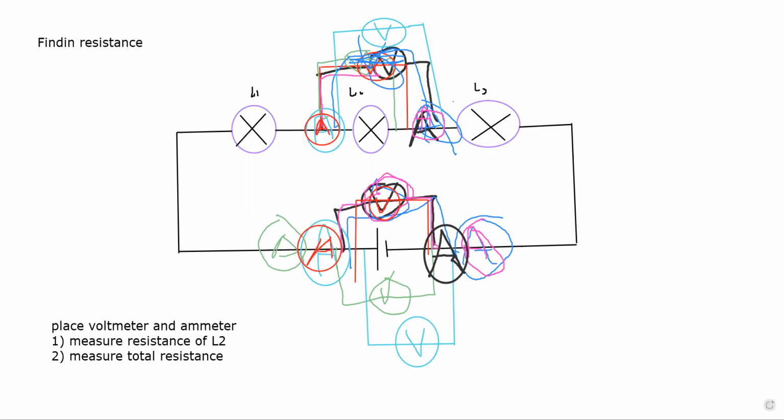So you will find this type of question in paper 6, placing a voltmeter and ammeter to measure the resistance of the component. Then the material can be a conductor.